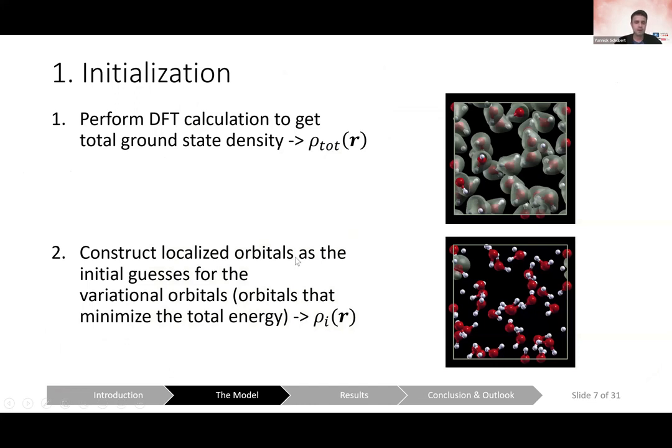As a second step, which is also common to the standard Koopmans workflow, you would have to perform some kind of localization procedure to get a good initial guess for the variational orbitals. As Edward was saying, these are normally very localized in space, and these are these quantities rho_i from which we want to predict the screening parameters. In practice, we use the Wannier orbitals.